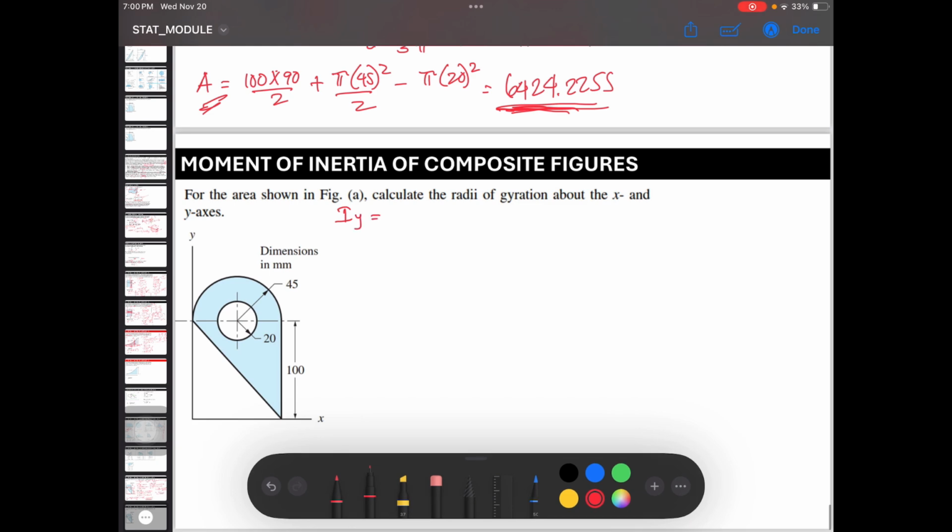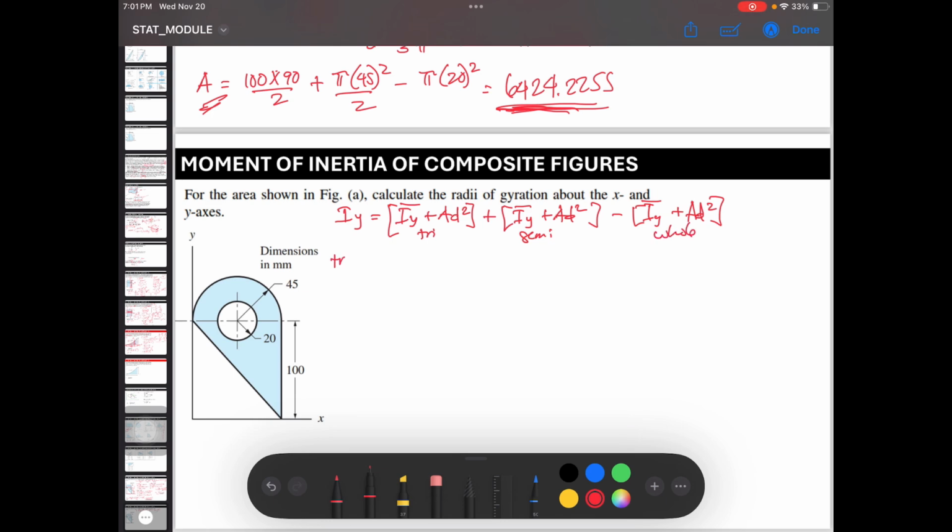Iy equals Iy bar plus Ad squared for the triangle, plus Iy bar plus Ad squared for the semicircle, and then minus si small circle na buo, Iy bar niya plus Ad squared ng whole circle.